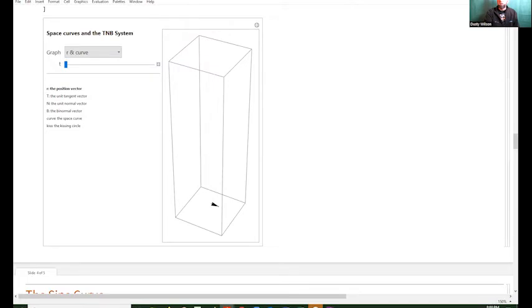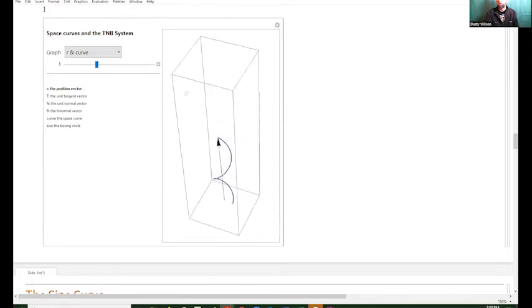Let's take a sneak peek at this particular curve to get a sense of what's going on from the animation. Again, this curve is a helix. Our glider is going to be spiraling up, and you can see the spiral happening there.